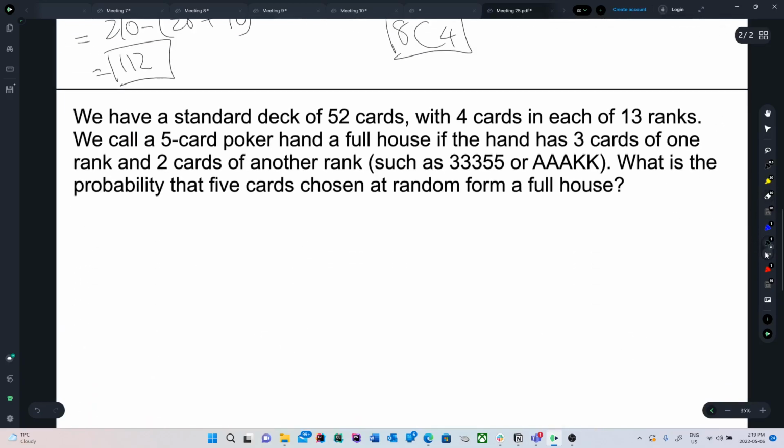In this question, I believe we can separate this into two subtasks. A full house is basically 3 cards taken from one rank, and 2 cards taken from another rank.